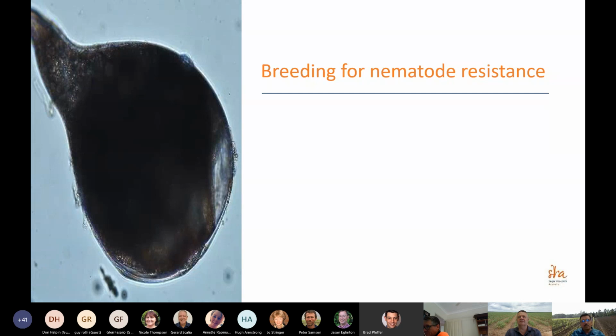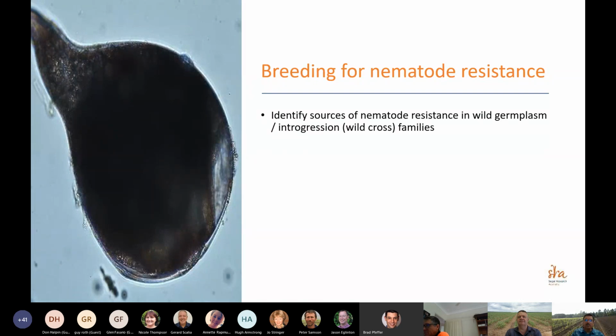So the first objective of our work was to identify the sources of resistance in wild germplasm like Erianthus or Spontaneum, make crosses, and test the progeny of this introgression family to see whether they are resistant to root knot and root lesion nematode.